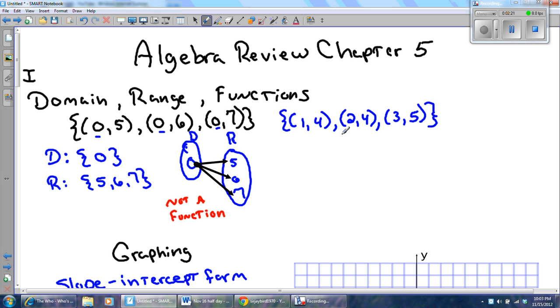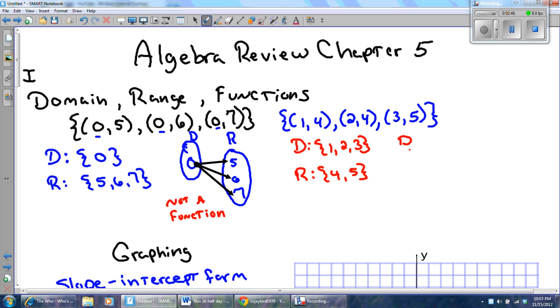Okay, let's take a look at this blue one over here. The domain would be 1, 2, 3, right? And the range looks like it's going to be 4, 5. All right, well, let's map it out to see if it's a function.